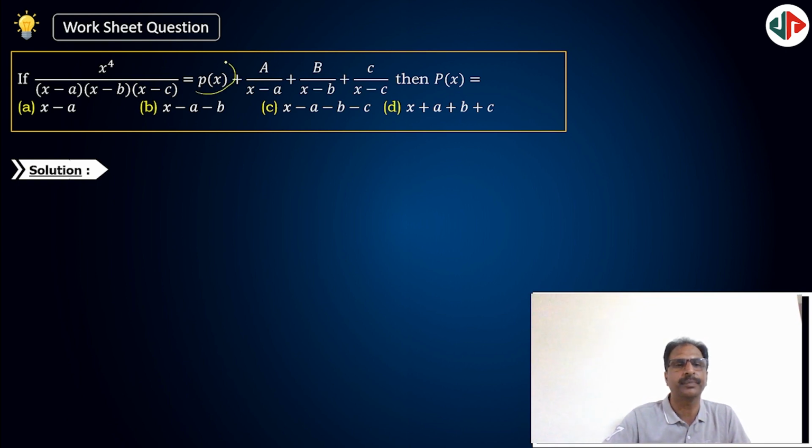And the question is finding p of x, which means you have to find the quotient. How to find the quotient means you have to divide x power 4 with the product of x minus a, x minus b, x minus c. When you multiply all those three, you get this, the product of all the three factors.